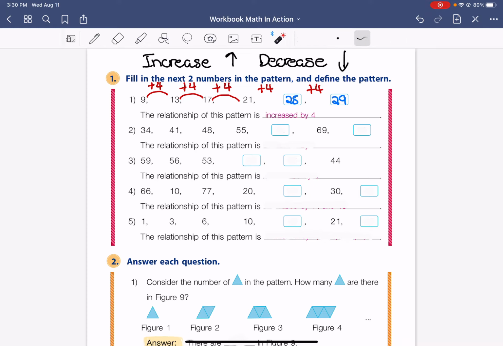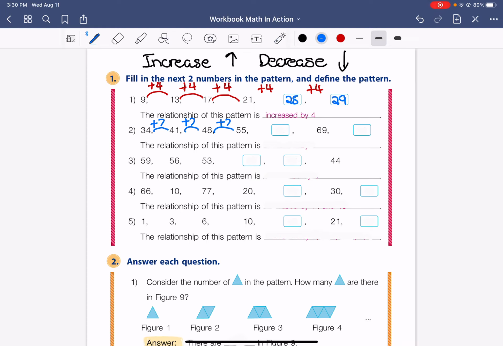We have 34, 40, 41, 48, 55, blank, 69, blank. So 34 to 41, we plus 7, plus 7, plus 7.